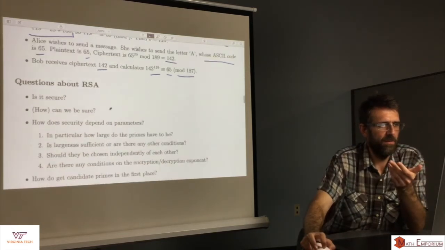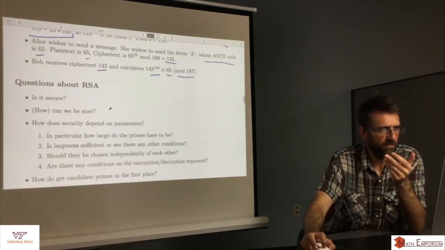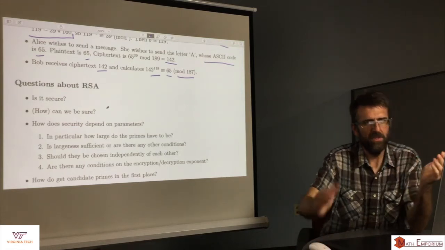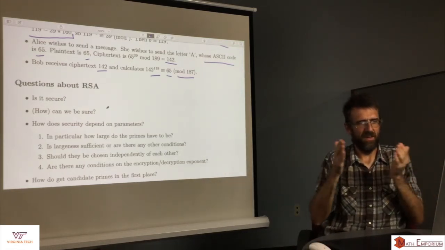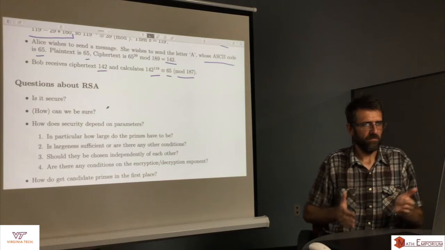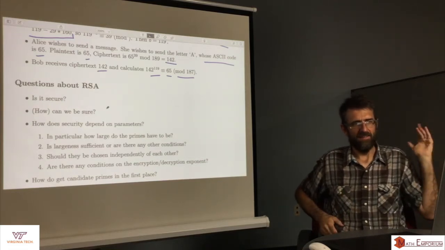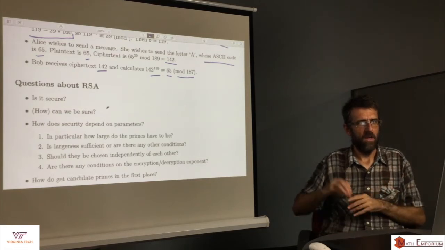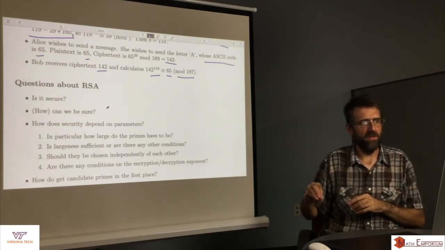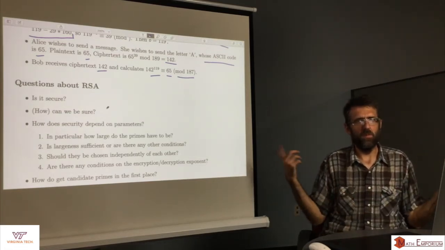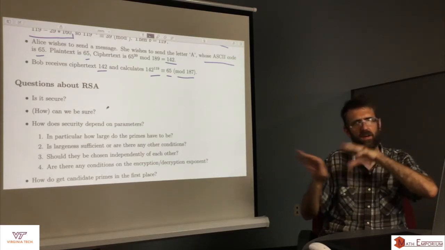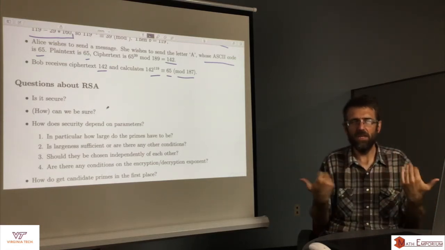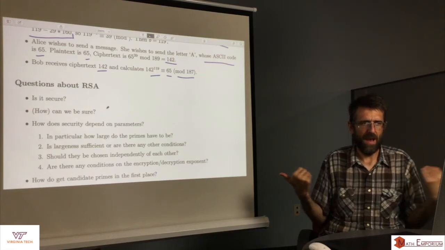How does the security depend upon the parameters? So as we just mentioned, we need a very large modulus, so we need very large primes to have security. Is that sufficient, or are there other conditions on how we choose the primes, how we set up the modulus? Should we choose these two primes independently of each other, or are there relationships that should hold in order to have some sort of security?